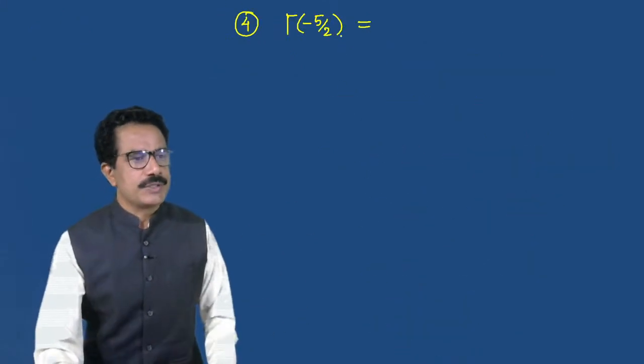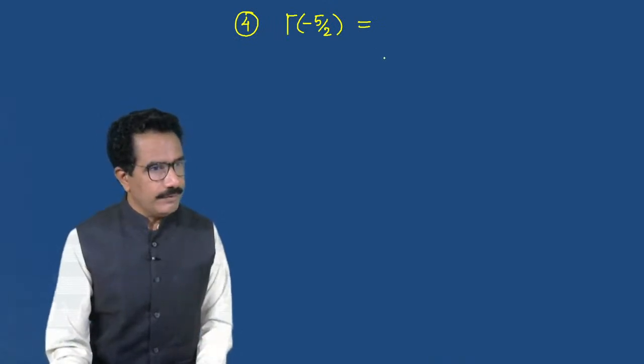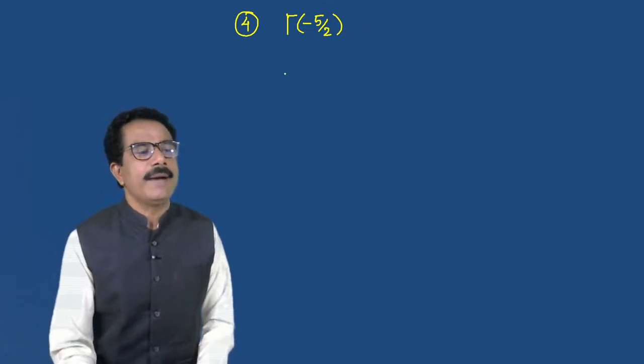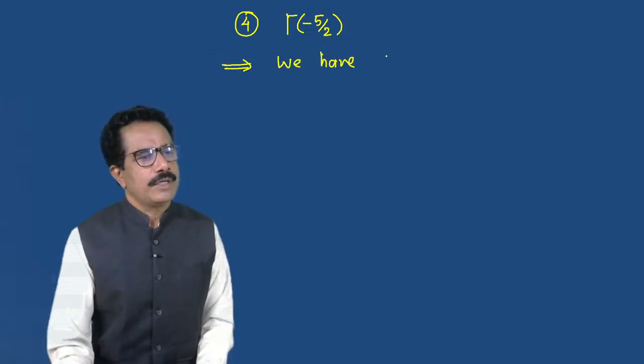Okay. So now we have to calculate gamma minus 5/2. Now see this, what is the formula?